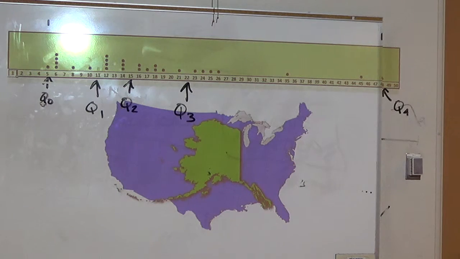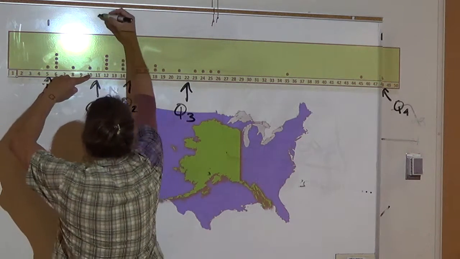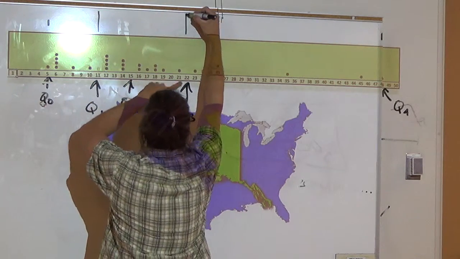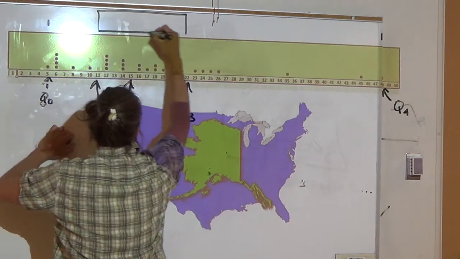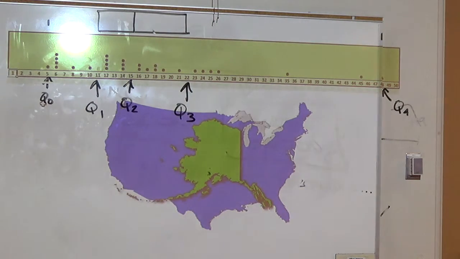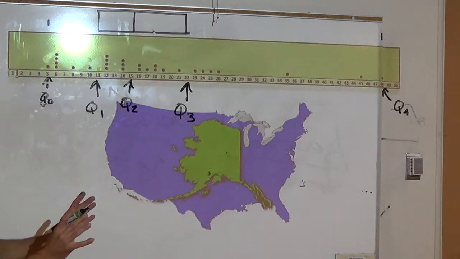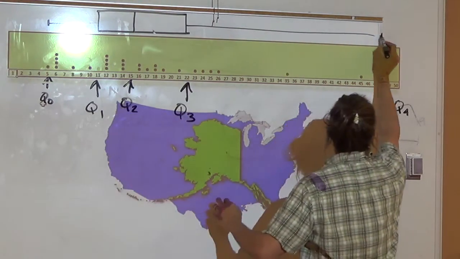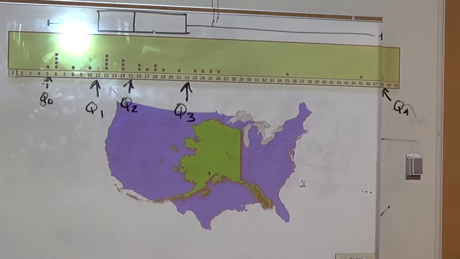You draw a box around the quartiles, and you slap one more line in for the median. And then that's the box, and then you draw this, and those are called the whiskers.